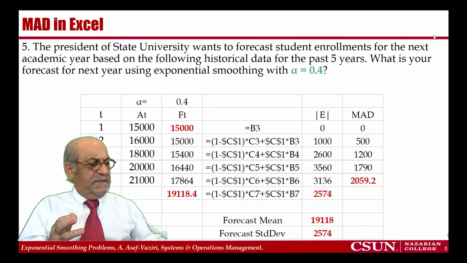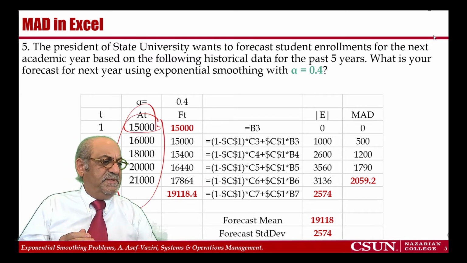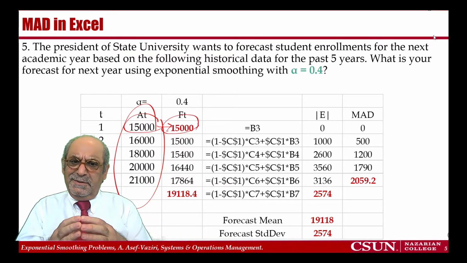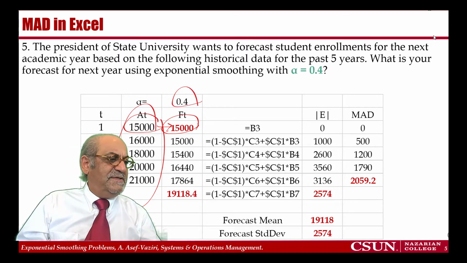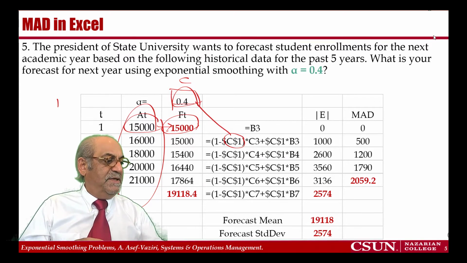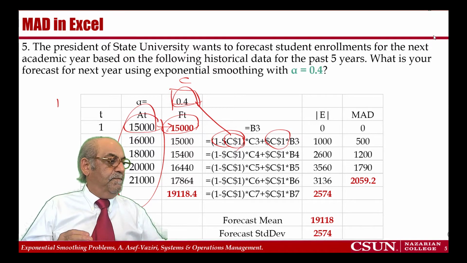We have actuals here. We assume the actual of the first period as our forecast for the first period, and the rest is just to put these numbers into the formula. If this is column C and row 1, and if this is C1, then we should lock it. This is 1 minus alpha, and here is alpha, and we have multiplied them by forecast.